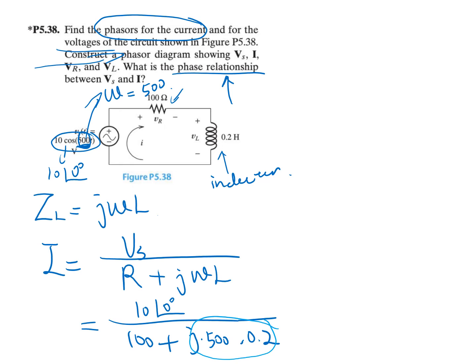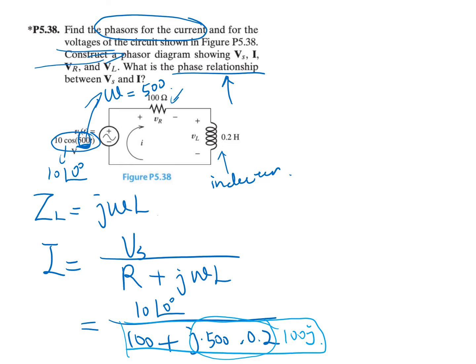You can combine this: that's 500 times 0.2, so this is 100j. At the denominator, the expression is in rectangular form, so what we need to do is first convert it into polar form.